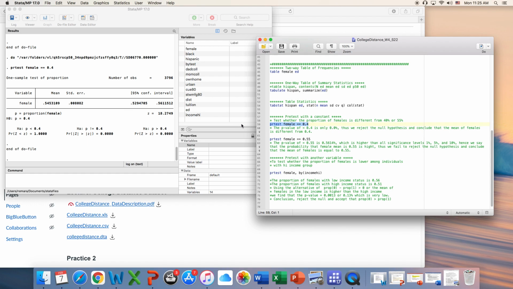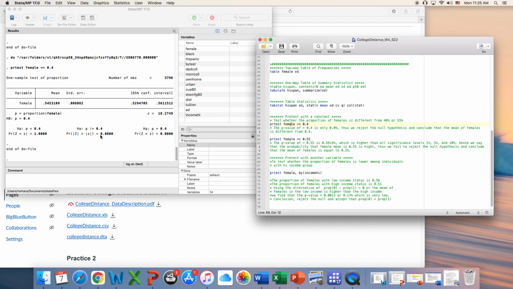So if I'm asking you whether the variable female is equal, then the alternative would be unequal, right? So you would go here and say the p-value of the test that the female variable is equal to 0.4 has 0% probability.